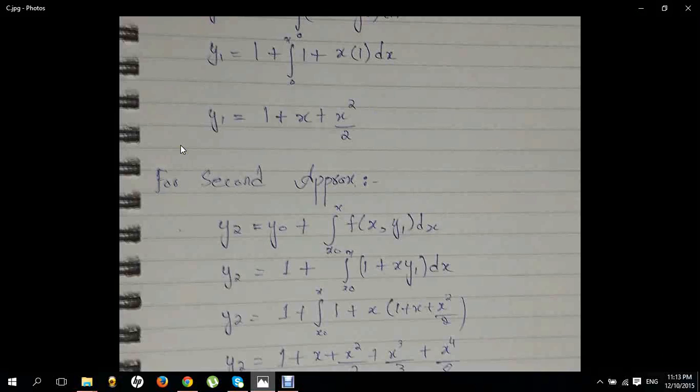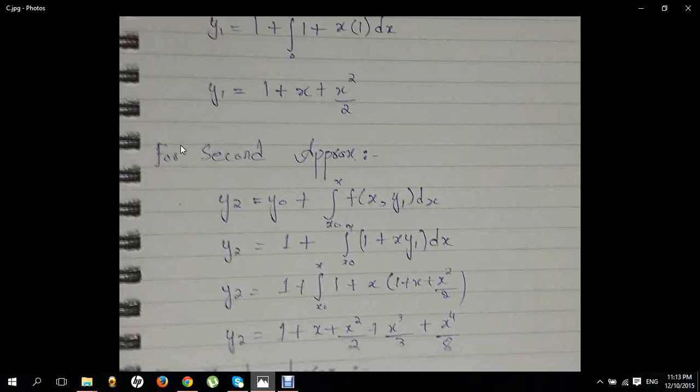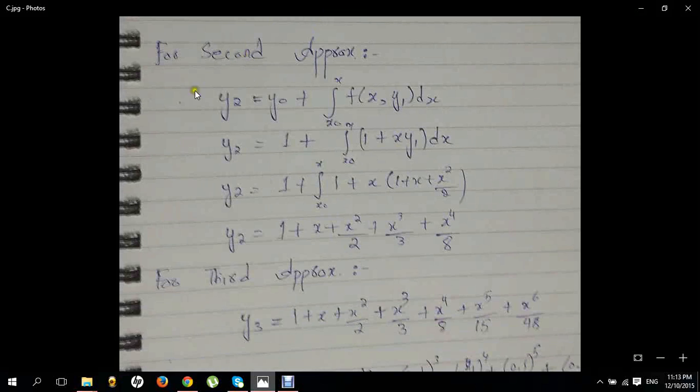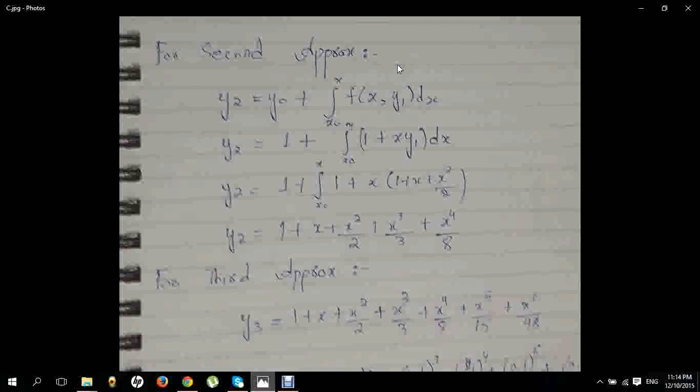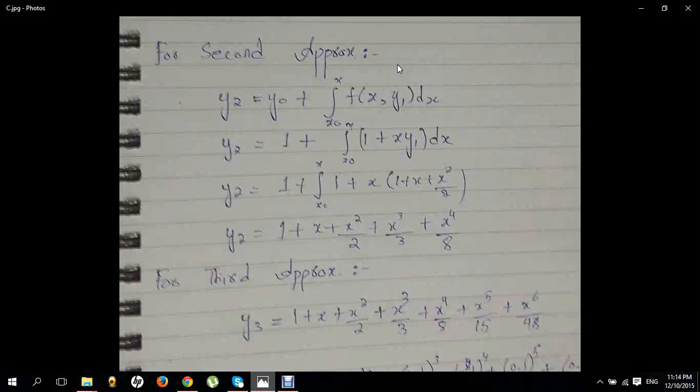Now we're going to do our second approximation. We will go through the same method. And one more thing: as I have told you earlier, we keep making approximations depending upon the position we want in our answer, but you have to evaluate at least two approximations, which we have done, y1 and y2.